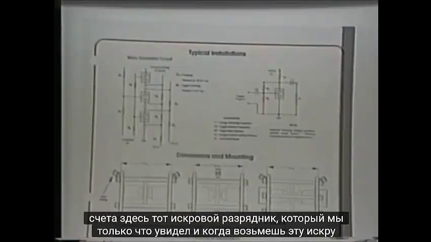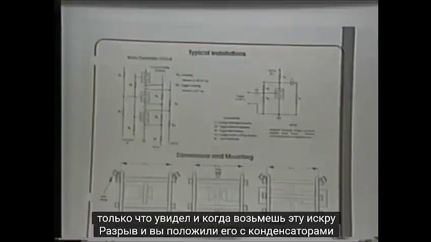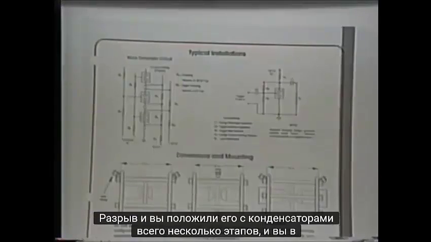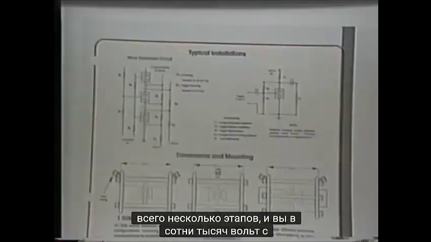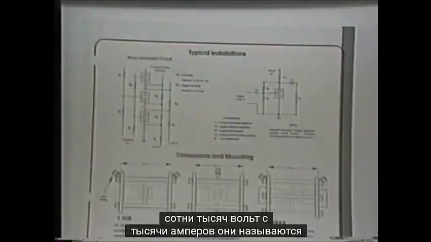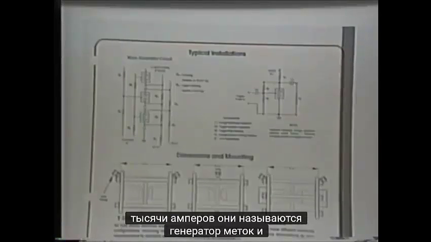When you take this spark gap and put it with capacitors, just a few stages, you're into hundreds of thousands of volts with thousands of amps. The thing is called a Marx generator, and they're used in plasma studies by universities and other sorts of organizations.